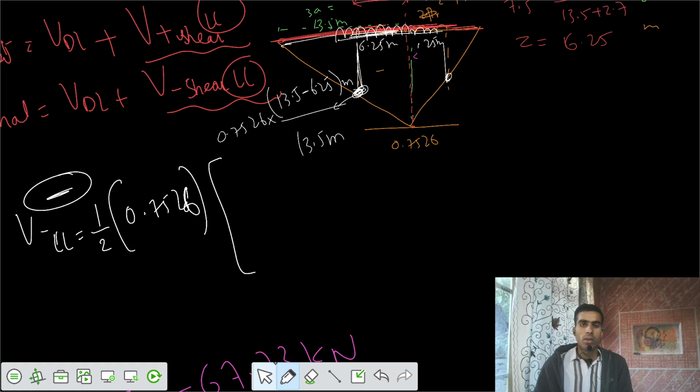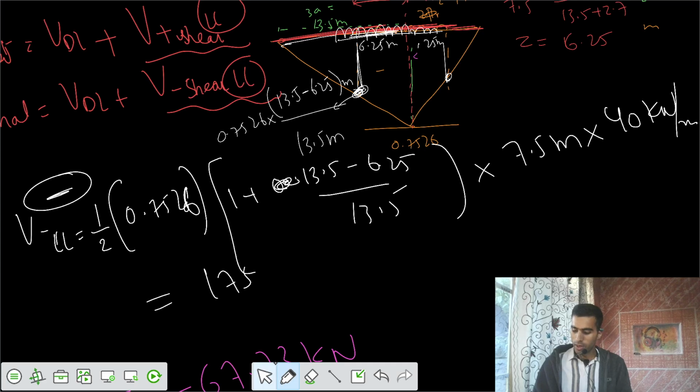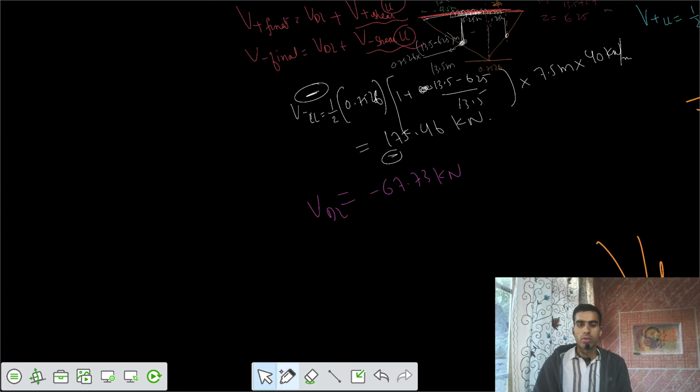If you keep it common, I would write 1 plus (13.5 minus 6.25) divided by 13.5. Then we have the length of 7.5 meter of live load with an intensity of 40 kilonewton per meter. So that value equals negative 175.46 kilonewton.